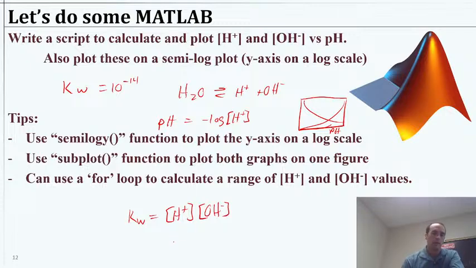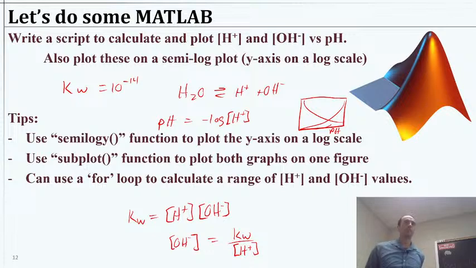H plus we can find very easily by this guy, but OH minus we can find by saying that's KW divided by whatever H plus is at that pH. Okay. All right.